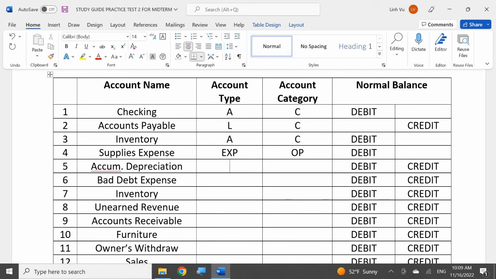So in this case, we need to create a contra account to decrease our fixed assets. Now in this case, right there, keyword, it flows in the opposite direction to decrease your fixed assets. So therefore, it's an asset and it's for fixed. And because it decreases, you're going to be crediting because it flows in the opposite direction, right?